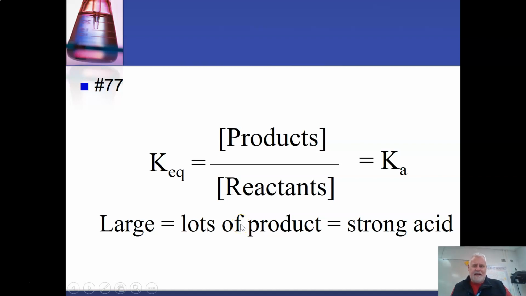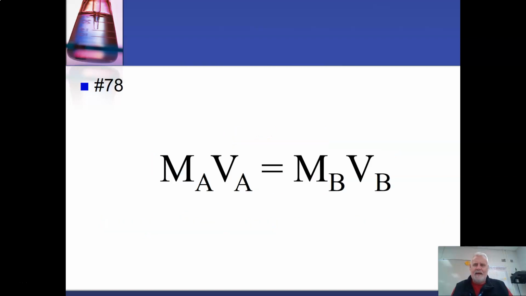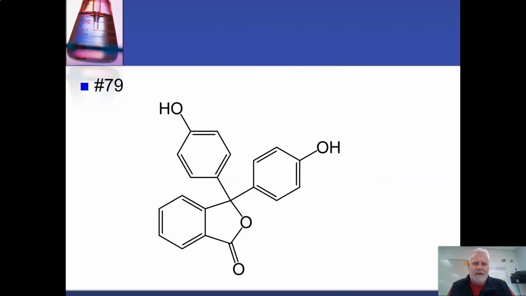So get the notes down for that, and you'll be able to reason that one out. The largest Ka value is the strongest acid. This should look familiar to you: Ma, Va, Mb, Vb. We did that in an earlier part of the test. That's acids, base, molarity, volume.